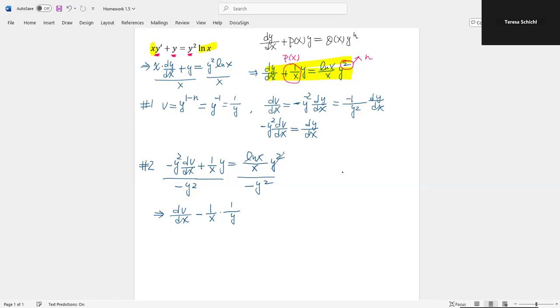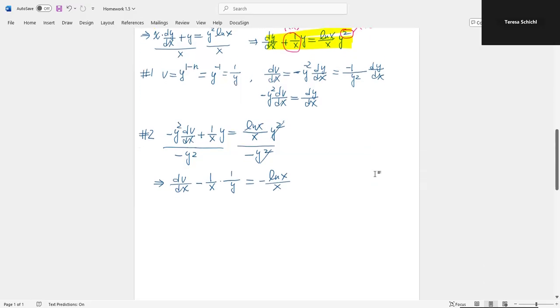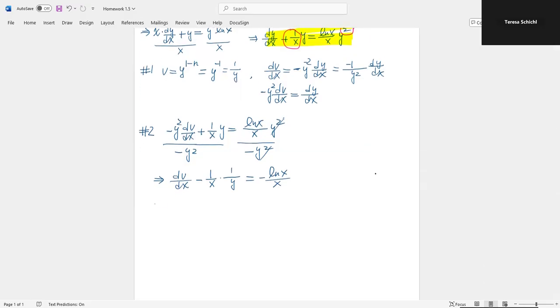On the right, these cancel, so I have negative ln x over x. Now, since v equals 1 over y, I change it to dv/dx minus v over x equals negative natural log x over x. So this is step number 2.